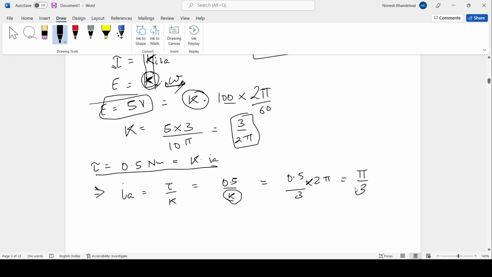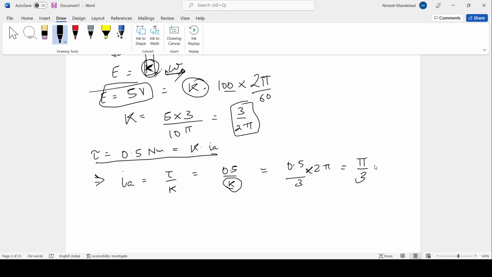And what is pi by 3 in decimal? So 3.14, you can do it in your calculators, divided by 3. So it is 1.0466. You can write 6 bar.